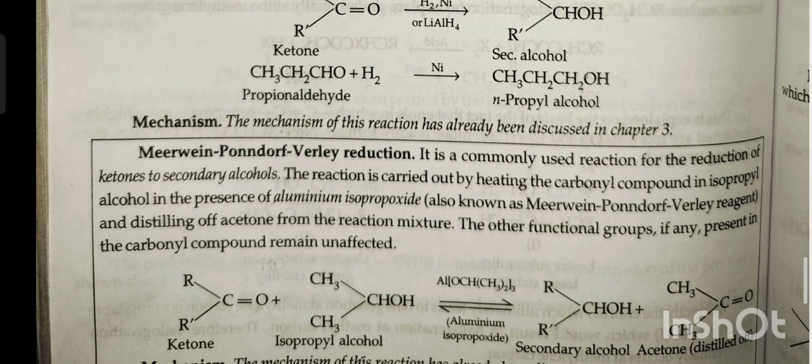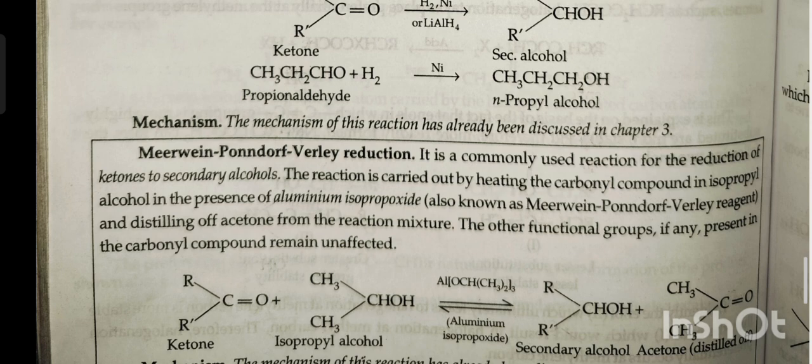Meerwein-Ponndorf-Verley reduction. It is a commonly used reaction for the reduction of ketone to a secondary alcohol. The reaction is carried out by heating the carbonyl compound in isopropyl alcohol in the presence of aluminium isopropoxide, also known as the Meerwein-Ponndorf-Verley reaction, and distilling off acetone from the reaction mixture.